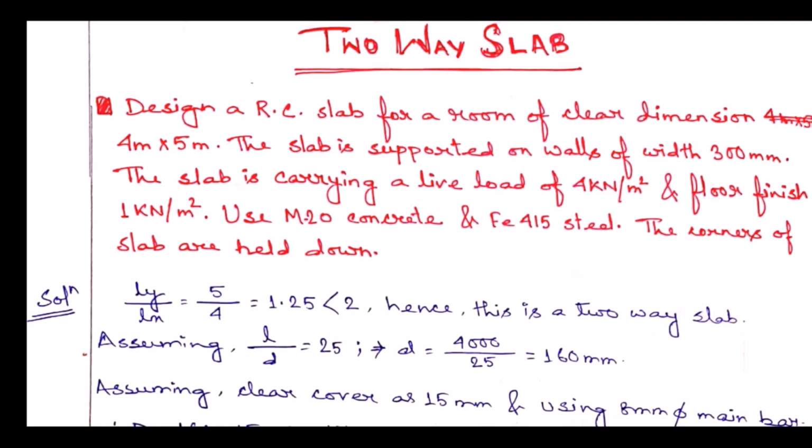Let's assume L by D, length to depth ratio, is 25. From this assumption, small d, effective depth, is 4000 by 25, that is 160 mm.